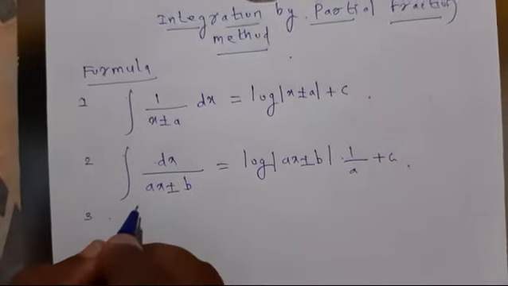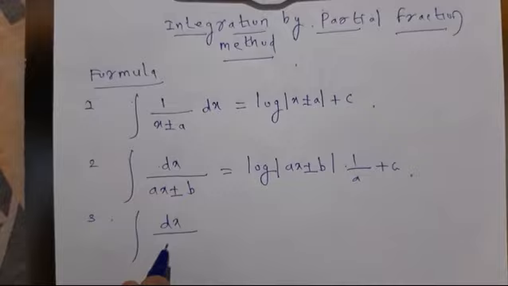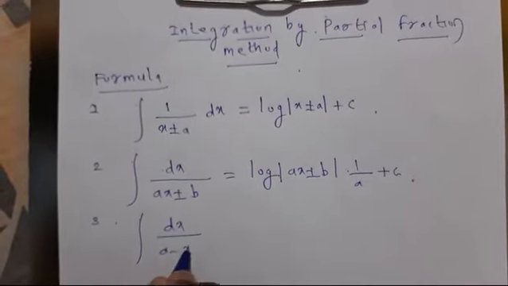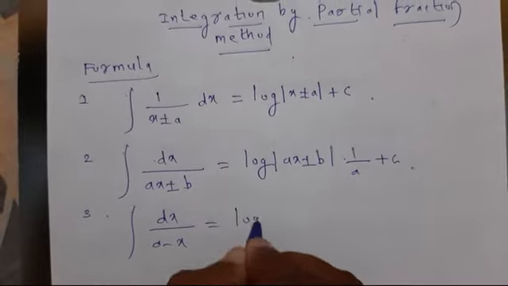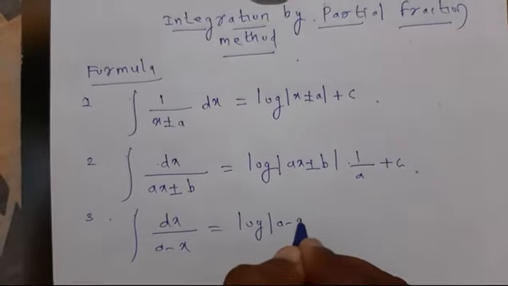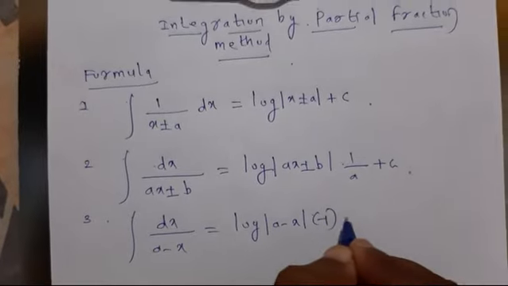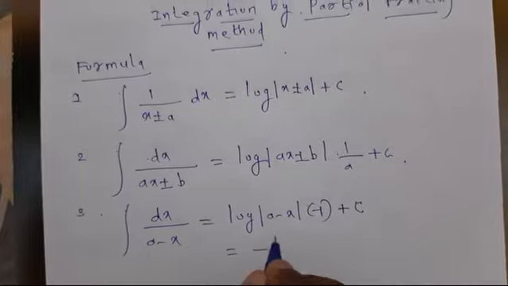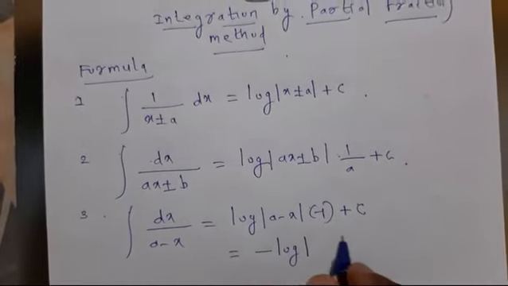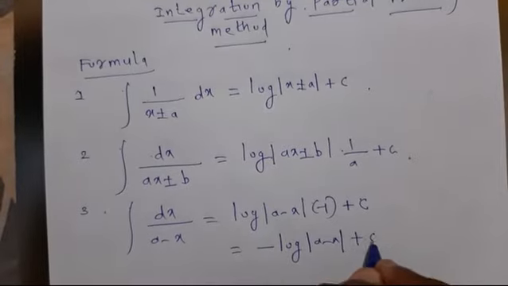Next one is integration of dx upon a minus x is equal to log of modulus of a minus x into minus 1 plus c. So this is nothing but minus log of a minus x under modulus plus c.